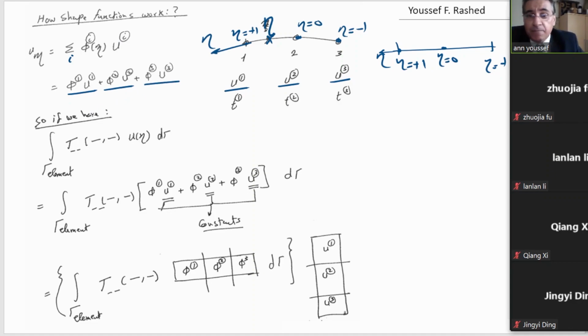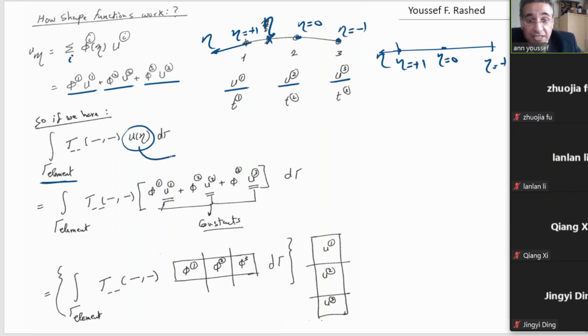So actually, inside any boundary integral equation, we carry out the integral over the element of the traction T ij or something like that, between xi and x, times the displacement at any point.